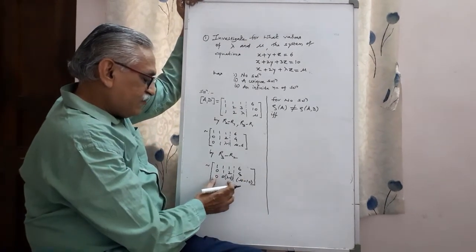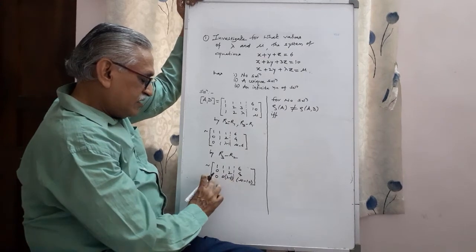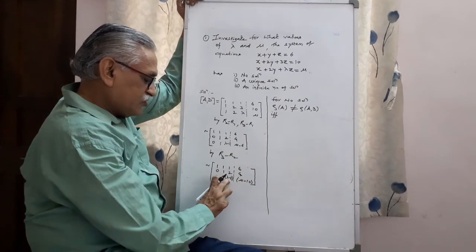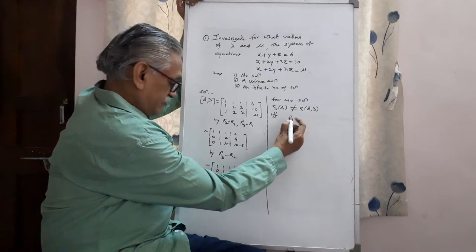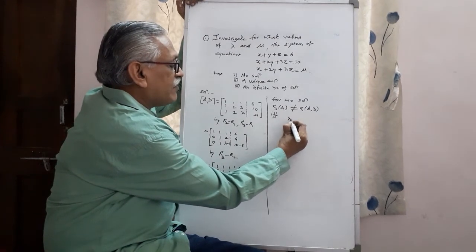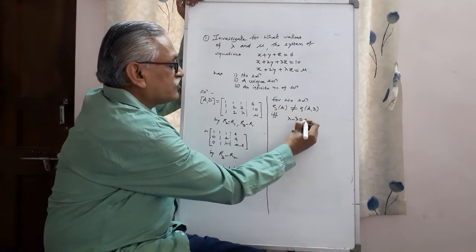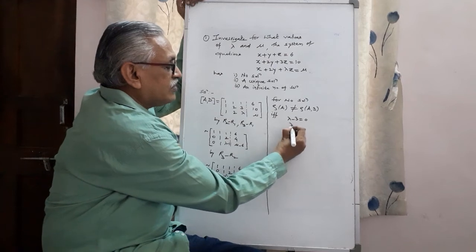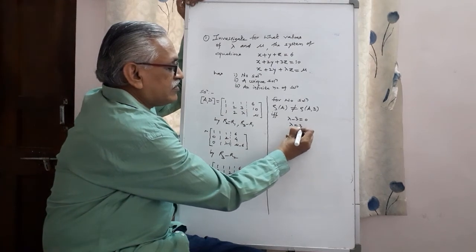And when we get rank of matrix A as 2, this element is 0: lambda minus 3 is equal to 0, lambda equals 3.